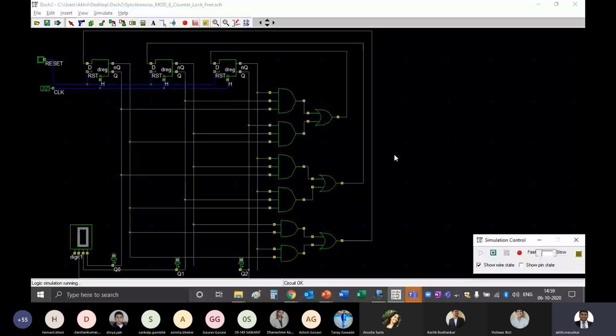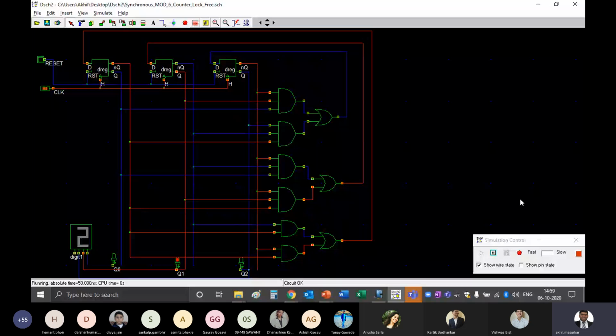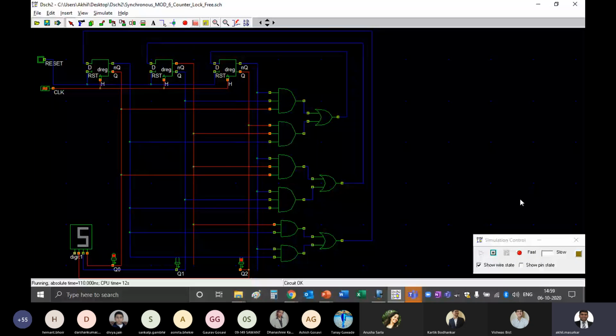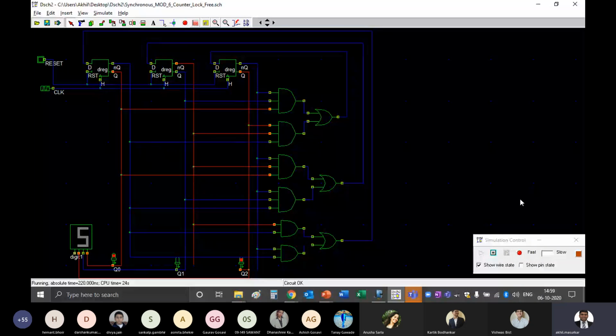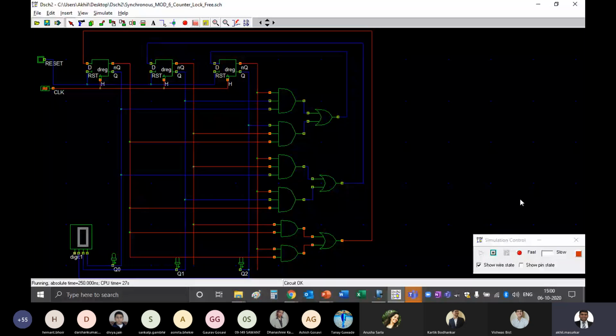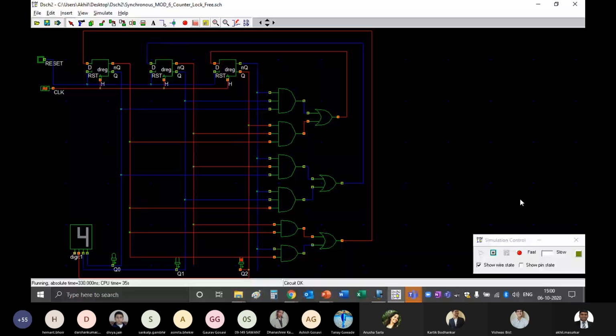Now you can see I'm just resetting this. It should again count from 0, 1, 2, 4, then 5, and then it will go back to 0. So you can see that the counter counts. What I have used is 3 D flip-flops, and the hardware that I designed for D0, D1, and D2.